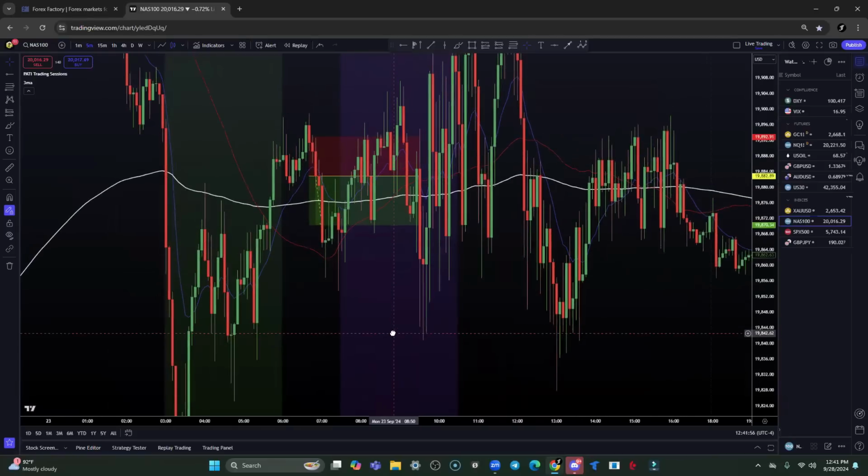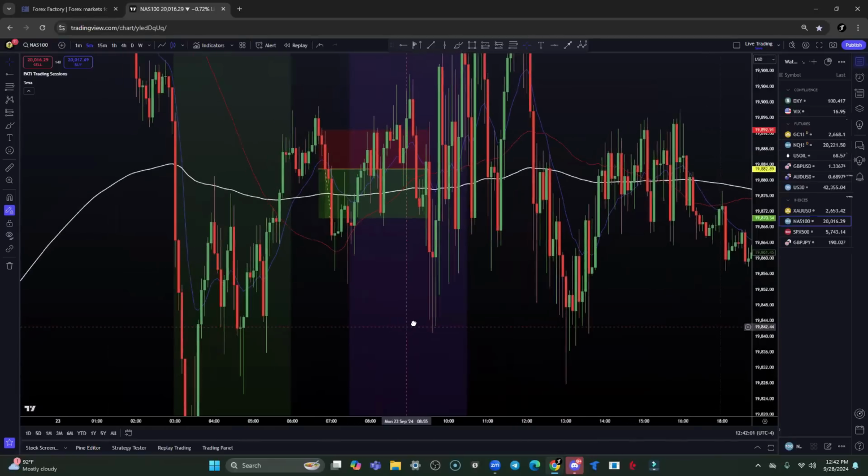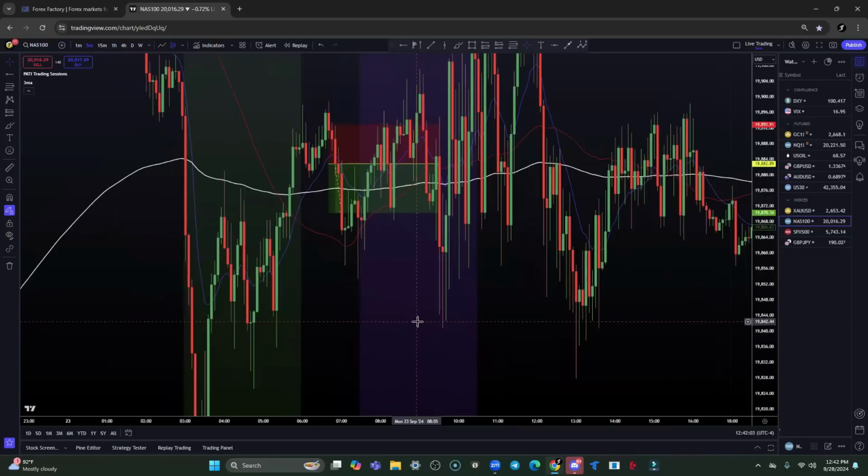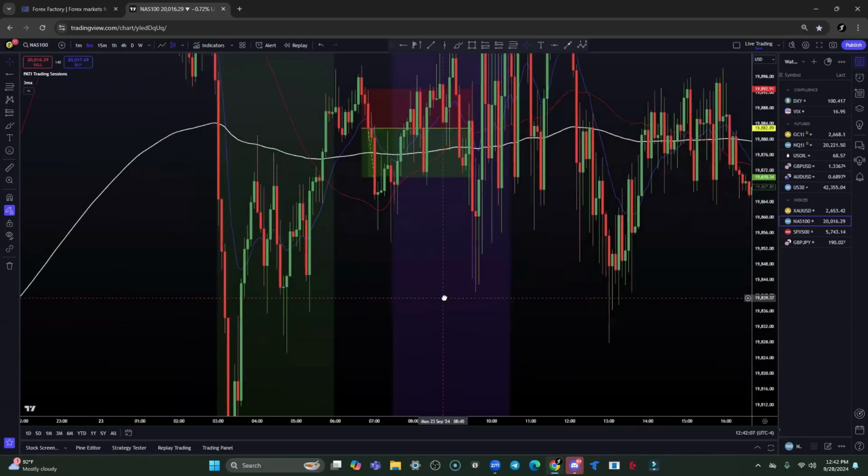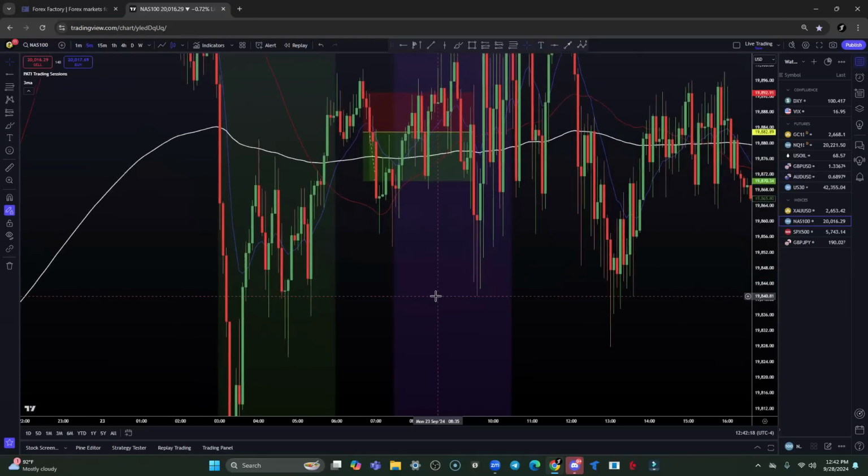Anything that's consolidating, low volume, or chopping around, because the strategy is supposed to take advantage of an ending trend. There's supposed to be some type of strong trend that's been in place for a while, and we're taking advantage of the trend beginning to end and getting that reversal.